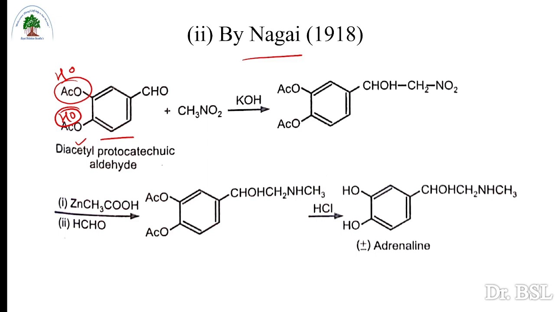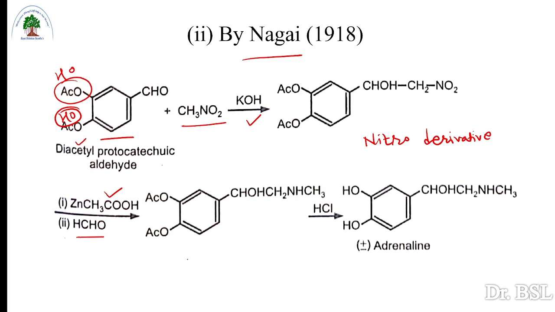So diacetyl protocatechuic aldehyde reacts with nitromethane in presence of the strong base potassium hydroxide to give a nitro derivative. This nitro derivative further reacts with zinc, acetic acid and formaldehyde.